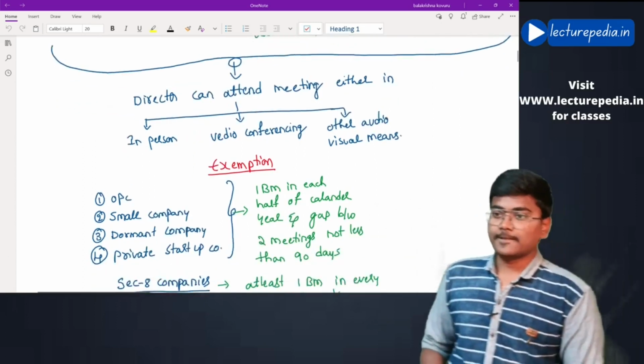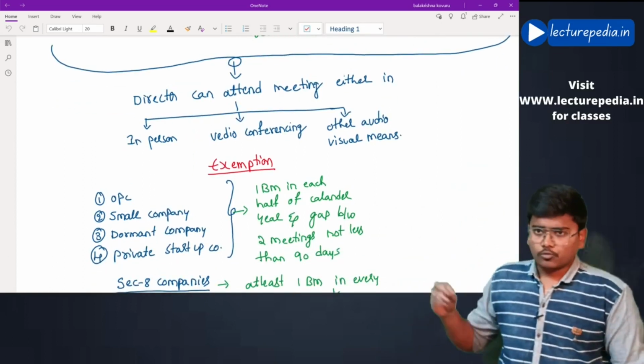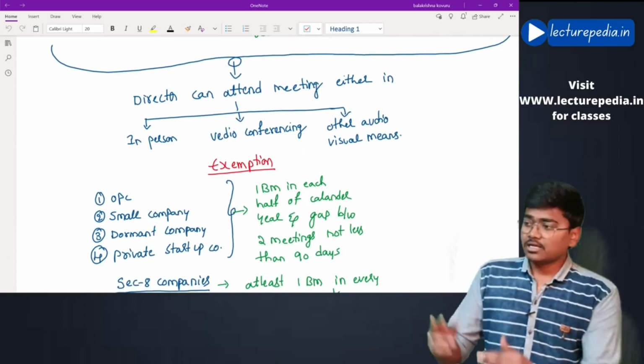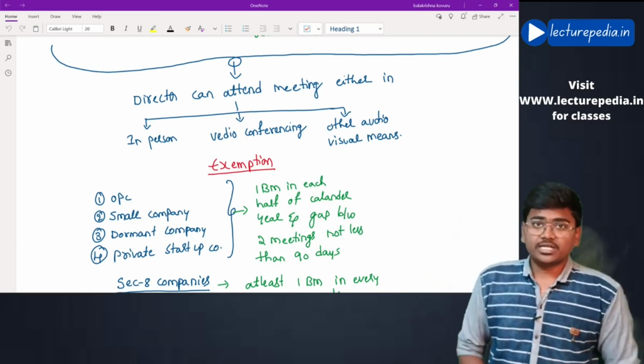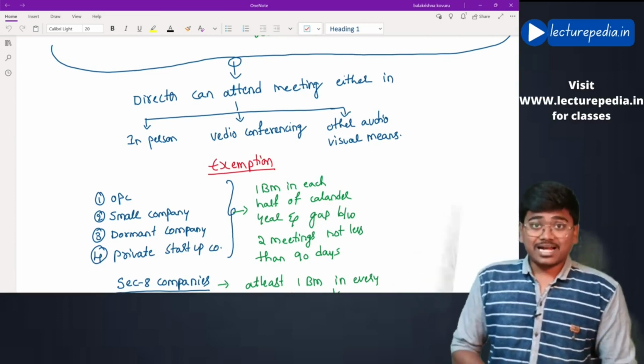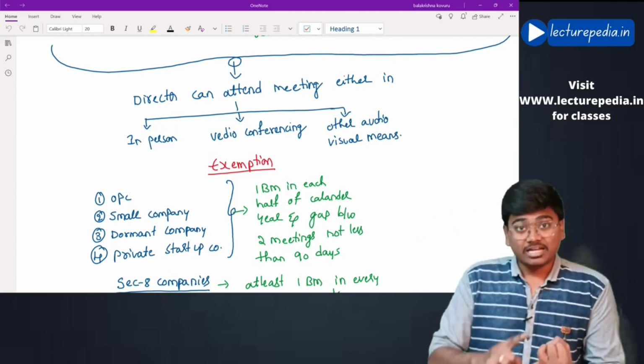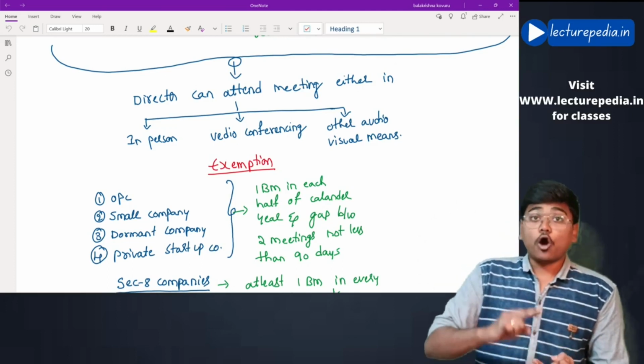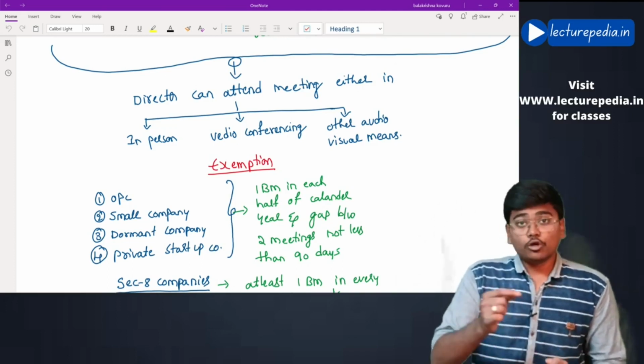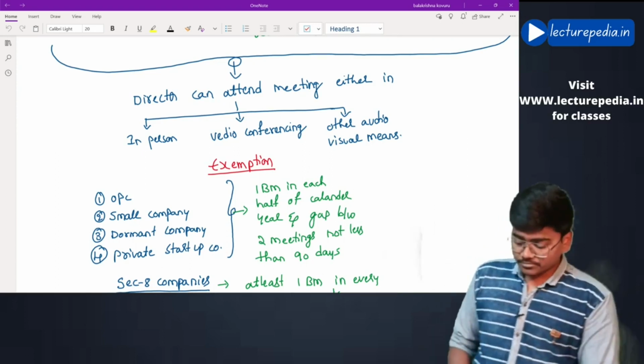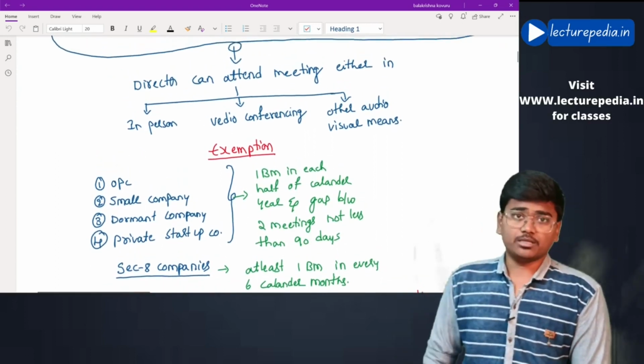Hope that is clear. Now once the notice is issued, the director has to attend the board meeting. Now the director can attend the board meeting either physically or through audio visual means or through video conferencing mode. These are the 3 options for attending the board meeting.